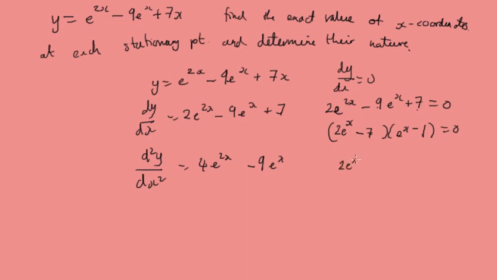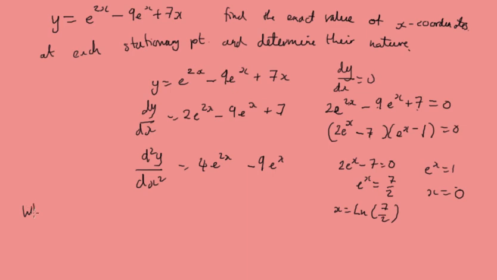So 2e to the x minus 7 equals 0, and e to the x minus 1 equals 0. So e to the x must be equal to 7 over 2, and e to the x equals 1, so x is 0. And x must be equal to the natural logarithm of 7 over 2.